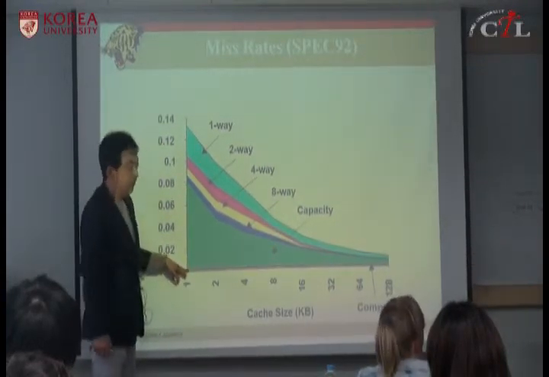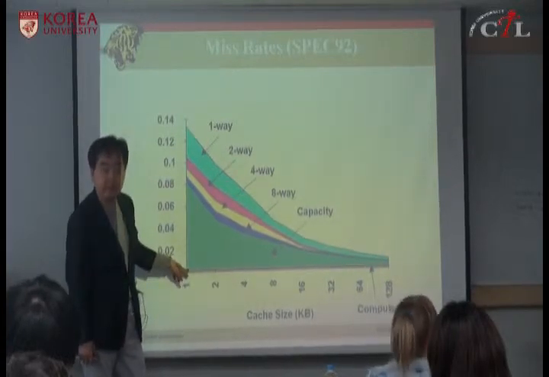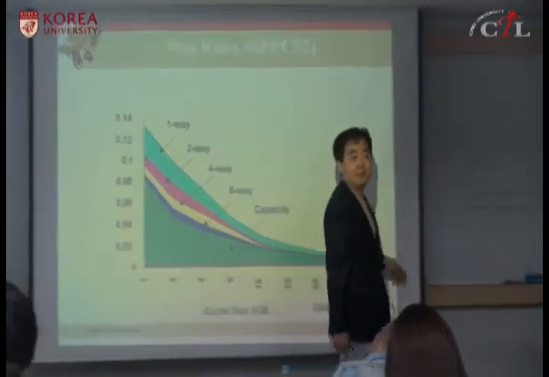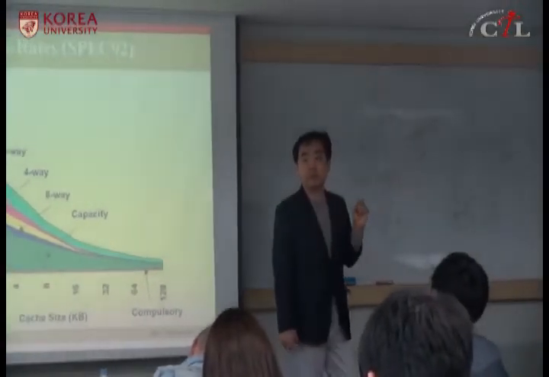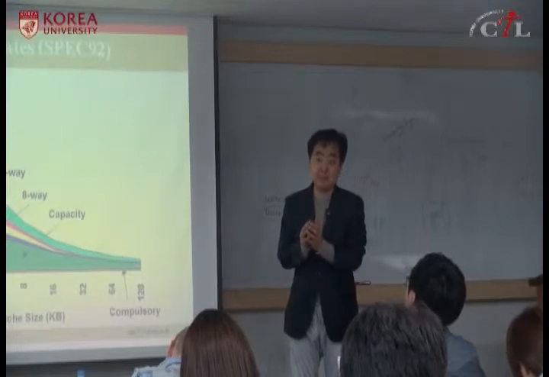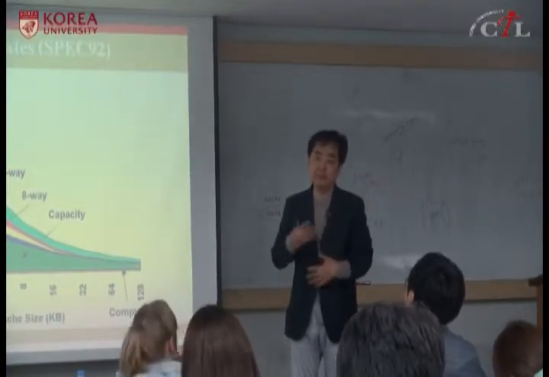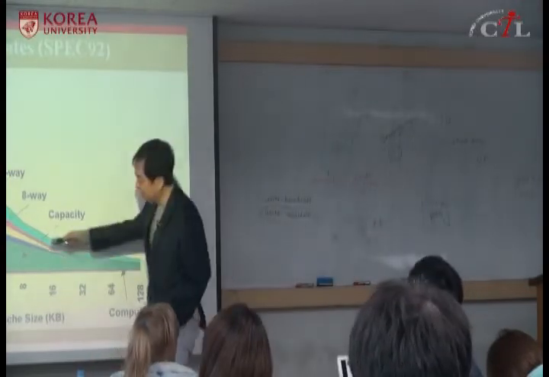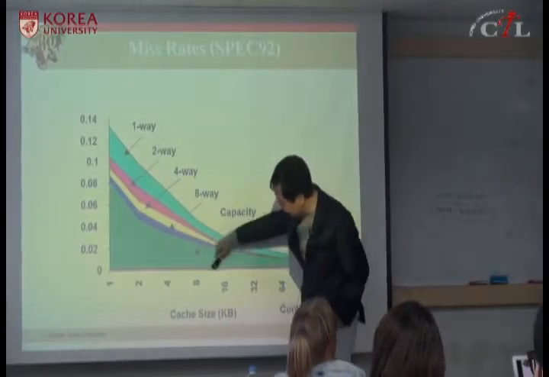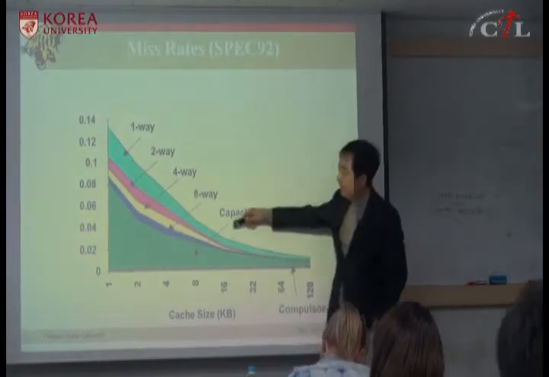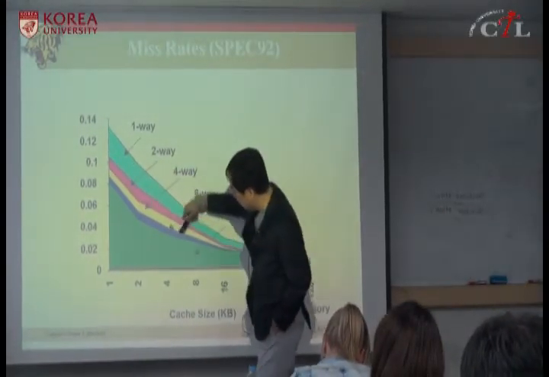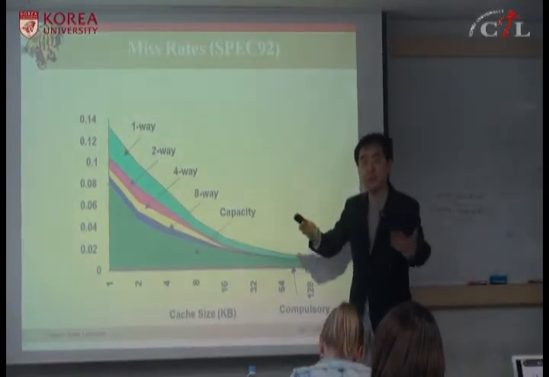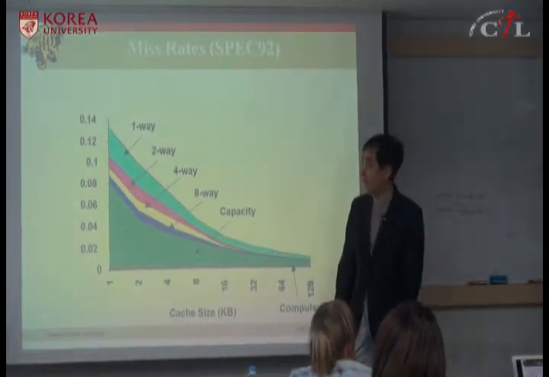This is the compulsory or cold start miss. Cold start misses are very small, because the first access to a block is only a small portion since you usually access many times. Capacity misses decrease as you increase the cache size, and conflict misses are reduced as well because you have enough locations. You don't conflict anymore.